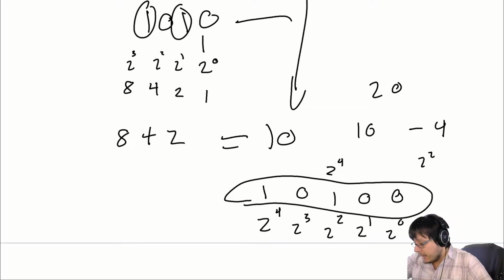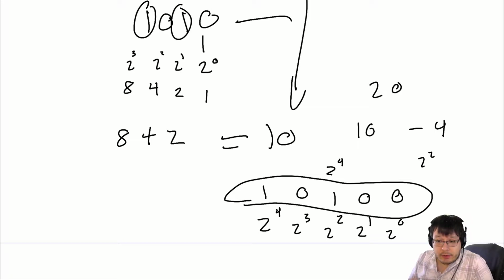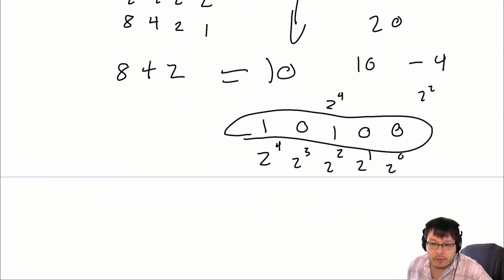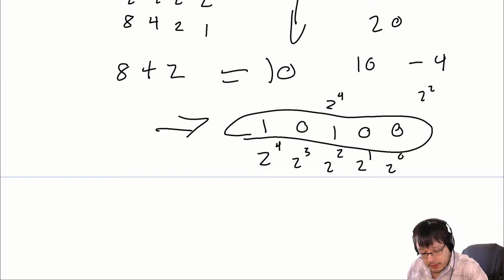Okay? This works great for positive numbers. If you're keeping your numbers in some sort of range, for example when we talk about addresses like 16 bits or 32 bits, you can just add leading zeros so that you can make it that big. So if you always want something that is 8 digits long, and this 20 is 5 digits long, then you can just put 3 zeros here.